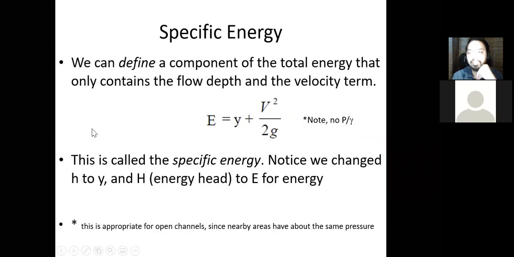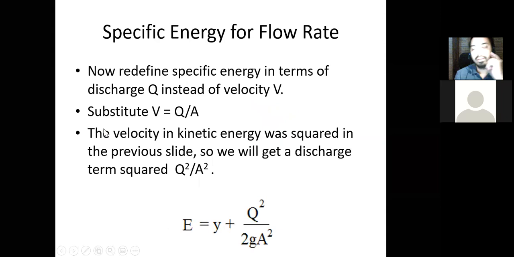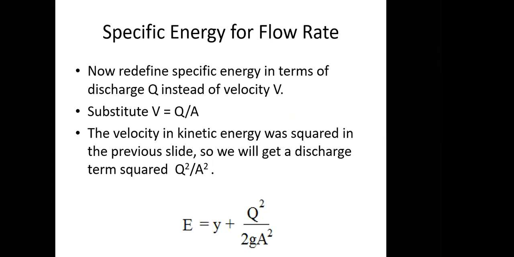We can redefine the specific energy in terms of discharge Q, and then we can substitute the velocity with the flow rate, where V equals Q over A. Since this is V squared, you have Q squared over 2g times A squared.